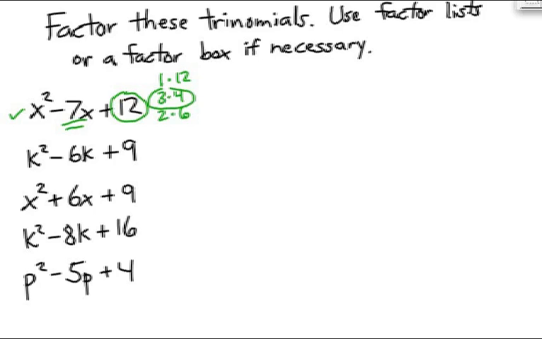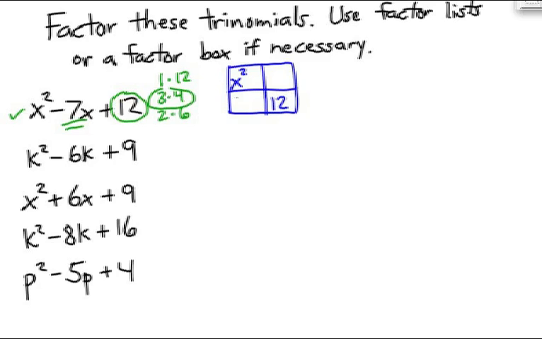So I also can use a factor box. And a factor box looks like this. It's a 2x2 grid where I write in the first term here, x squared. I write in the third term in the bottom right, 12. And then in the upper right and lower left boxes, I figure out what numbers would make a nice middle term.